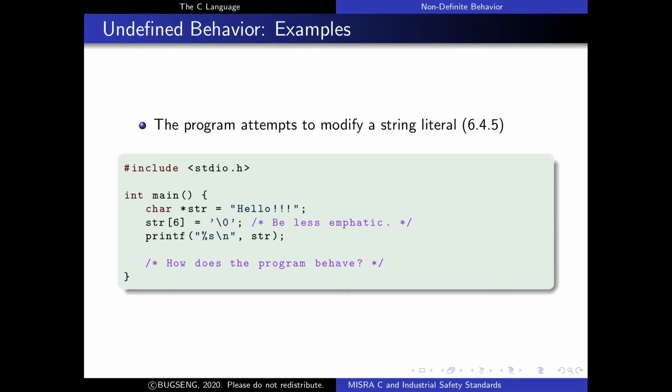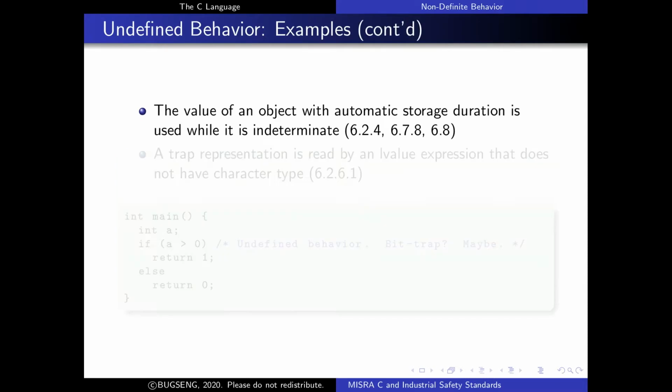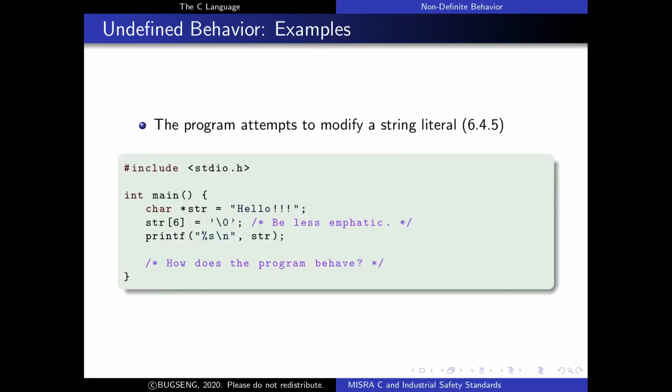Let's erase 2 of these exclamation marks. So the programmer writes a null terminator in position 6 of the string. However, this is undefined behavior. Okay, it is undefined behavior, so the program can do just anything.